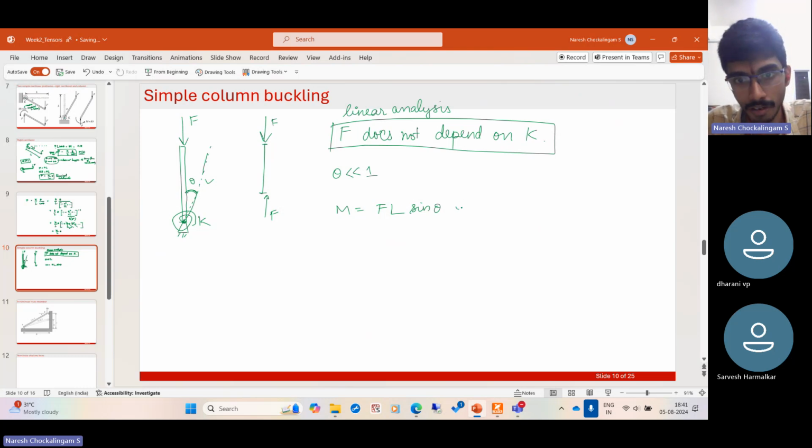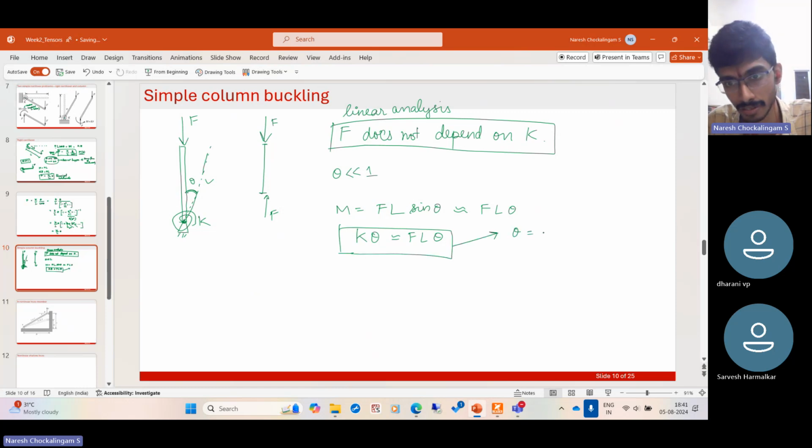But if theta is very small, you can take it as FL theta. But what is M? M is K theta. So K theta is equal to FL theta. What are the solutions? This gives rise to two solutions. One case theta is equal to 0, and the other solution is F is equal to K by L.